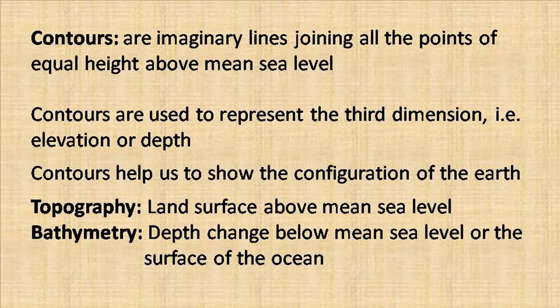If we are showing the configuration of the Earth above mean sea level, then we use the term topography, which refers to relief on land surface above mean sea level. If we are showing the configuration of the Earth below mean sea level, then we use the term bathymetry, which refers to relief of the ocean basin below the surface of the ocean.